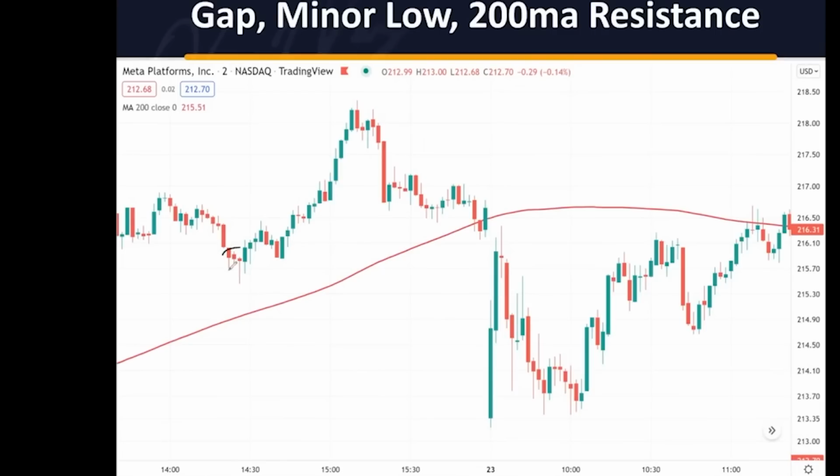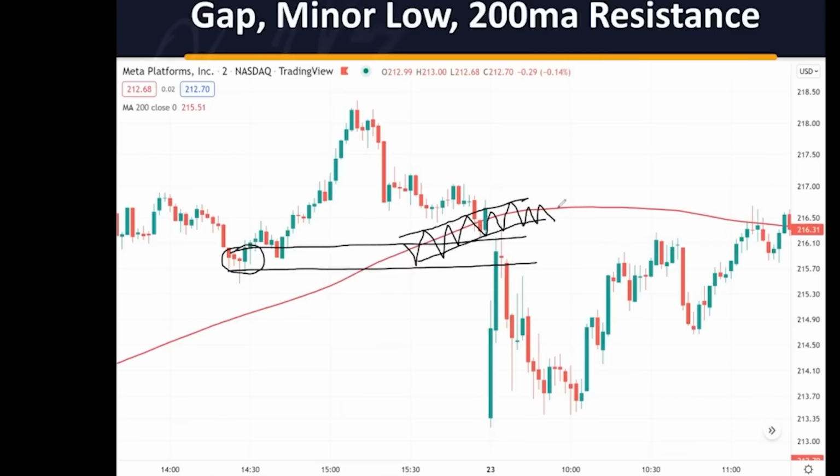We've got the former pivot low zone and the 200 period moving average zone very close to each other, providing a dual level of resistance. Guys, just one of these resistance points is powerful.